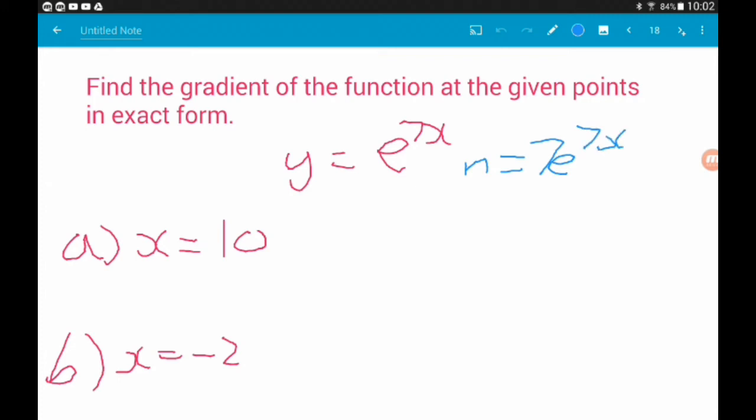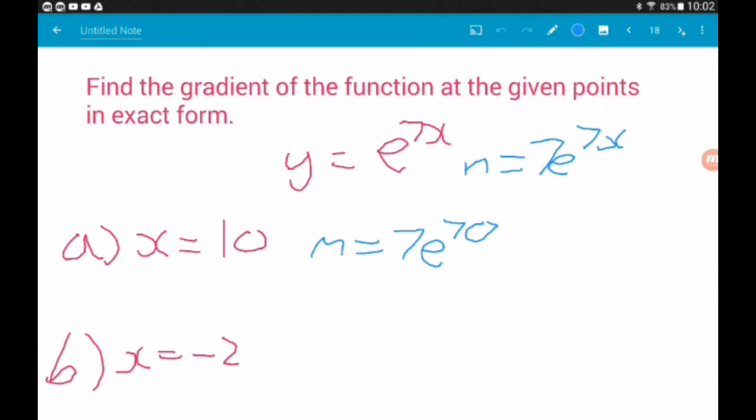So now we've got 2 points, x equals 10. Well, m here would be 7 times e to the power 70. All we're doing is substituting in x equals 10 into 7e to the 7x.